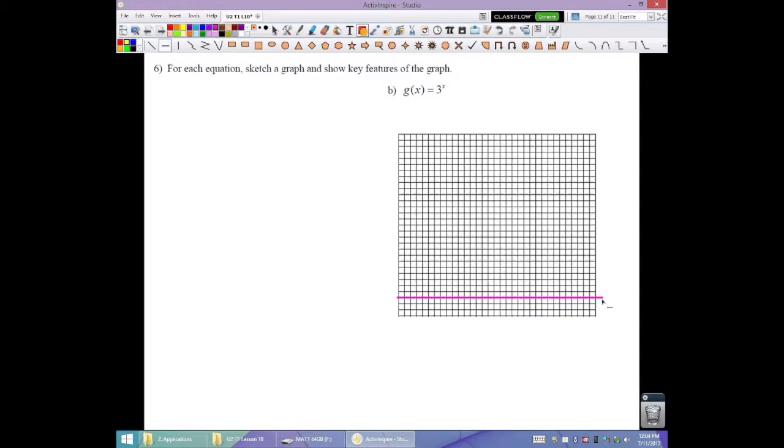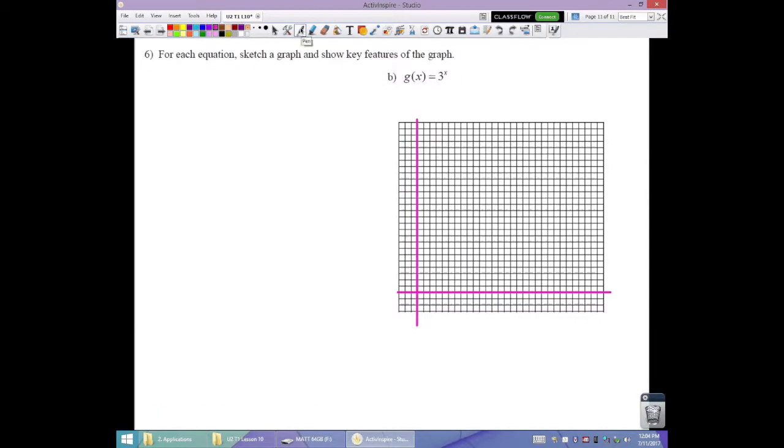So I need to keep my x-axis down low, and my y-axis I'll put mostly to the left here. Now, for some values, we do know that this is the common ratio. It's multiplying by 3. Since there's nothing in front of the 3, that means the y-intercept is 1.